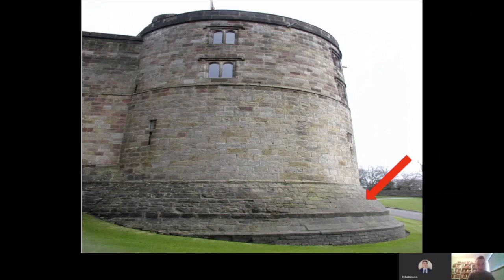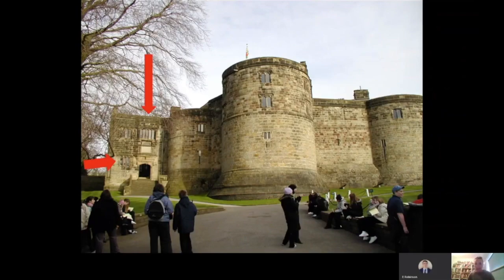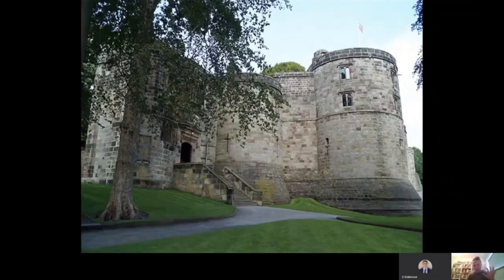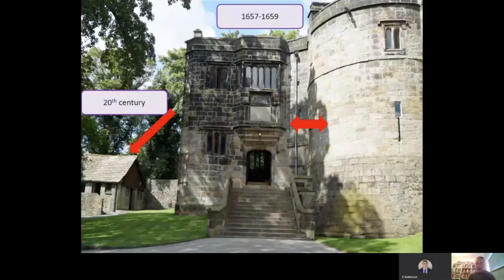So we're going to walk through this entrance, okay? Now, if you look at it from this view, I've shown you this view because actually this was the original way which you would have entered the castle. This new kind of entranceway was built in the 1600s, and it was built by Lady Anne Clifford. She added it on, made it look all nice.